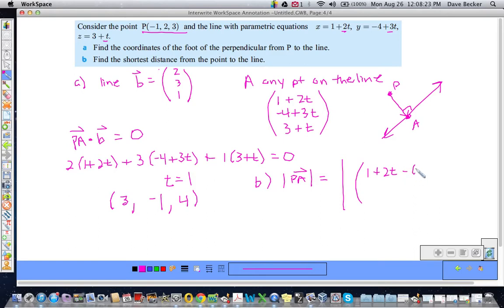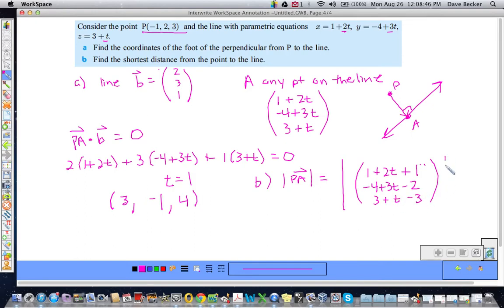Why did I do that? I know that minus negative 1 is plus 1, right? Negative 4 plus 3t minus 2, and then 3 plus t minus 3.